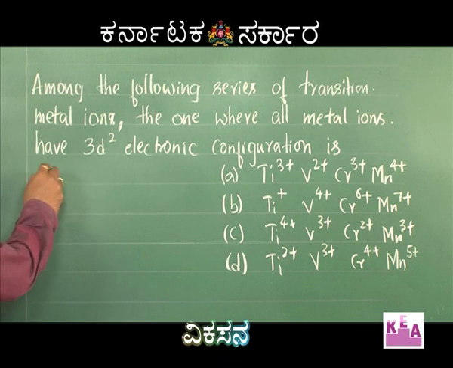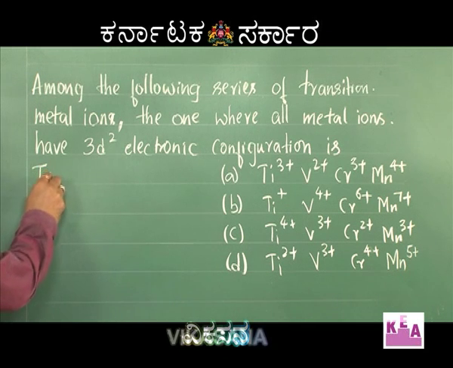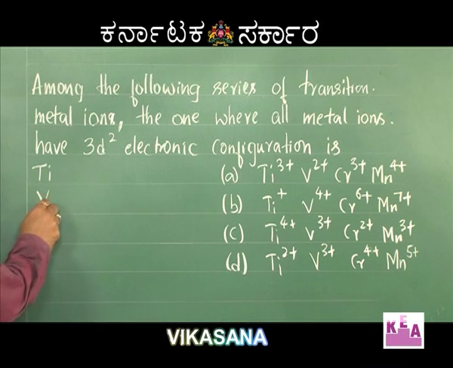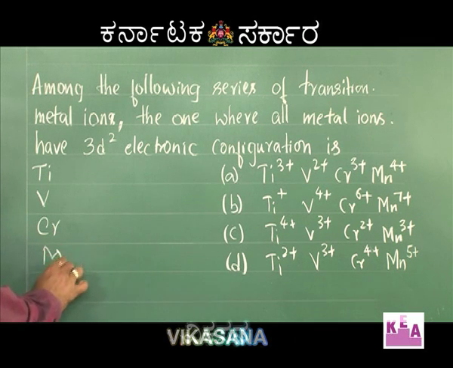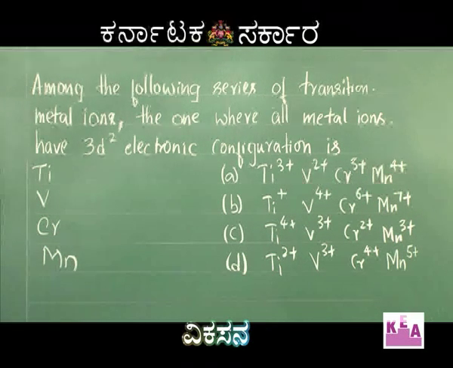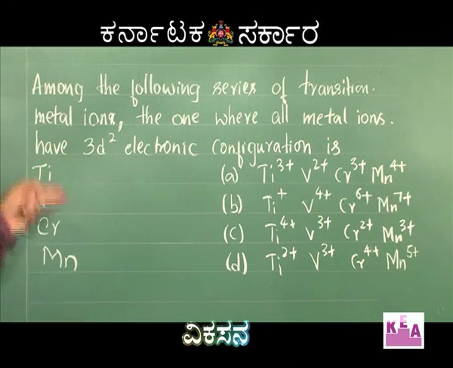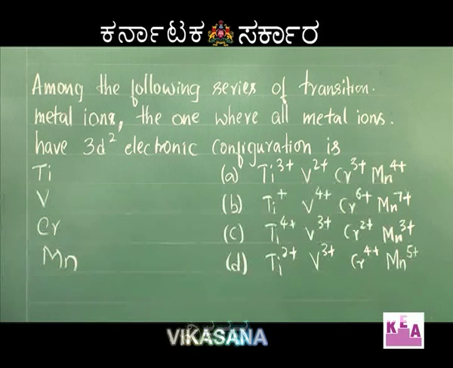The elements given are titanium, vanadium, chromium and manganese. We know the ground state electronic configuration of these elements.